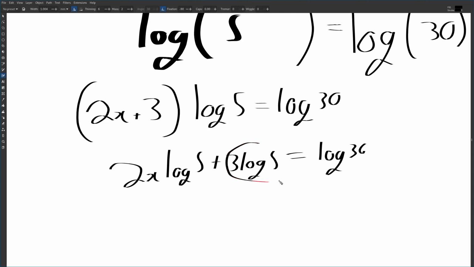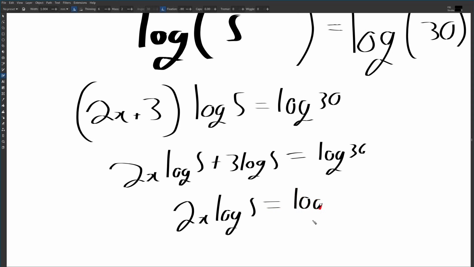This is just a constant, so subtract it from both sides. So we have 2x log 5 is equal to, you don't have to evaluate it since you're probably going to use a calculator anyway for this one, so I'll just leave it as log 30 minus 3 log 5.